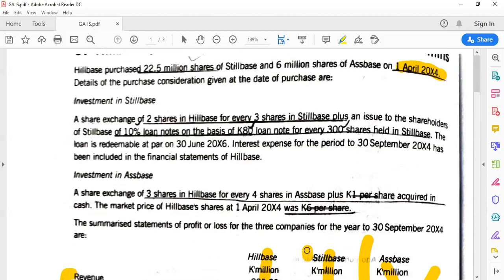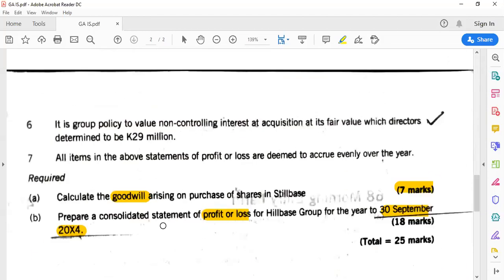The heading. Since they're saying prepare a consolidated statement of profit or loss, I could come up with my own heading. No, this one is a free mark. All you have to do is copy it the way it is.